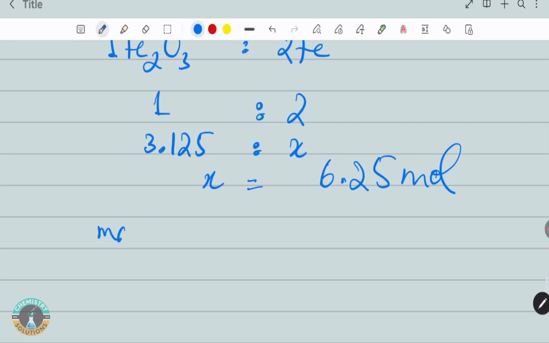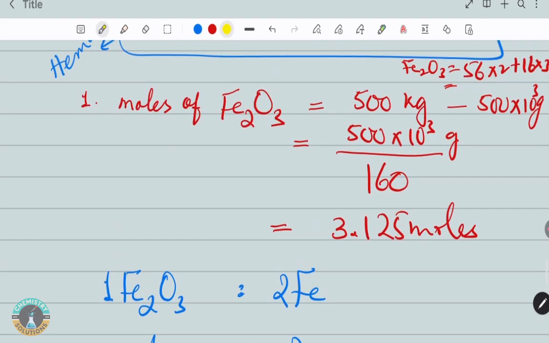Now to calculate the mass of iron, we multiply 6.25 by the atomic mass of iron, that is 56. 6.25 multiplied by 56, the answer will be 350 gram. Oh sorry, up till now we didn't use 10 raised to power 3 in the calculation.